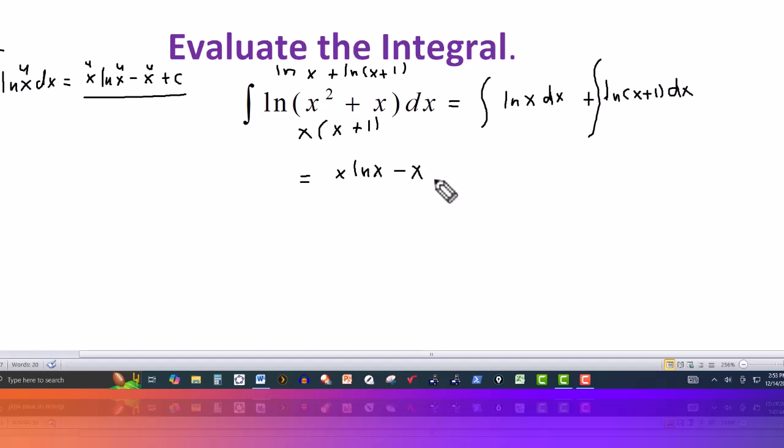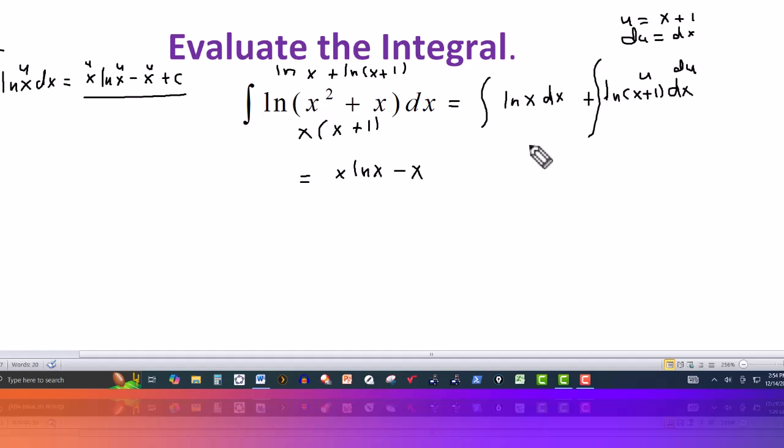We'll do that at the end. Now for this one here, notice if I let u equal x plus 1, then du would equal 1 dx, or just dx. So I replace the x plus 1 by u, and the dx would be du, and we use the same formula, except instead of x it's u.